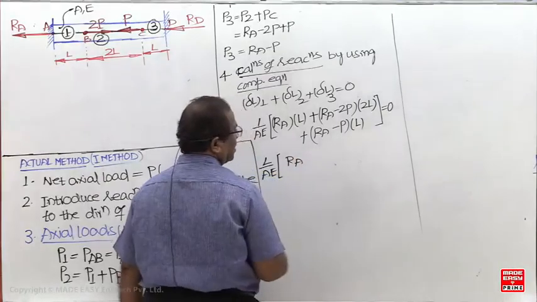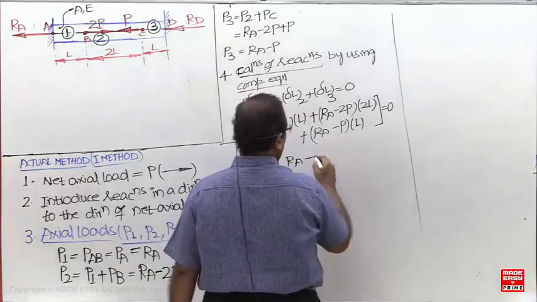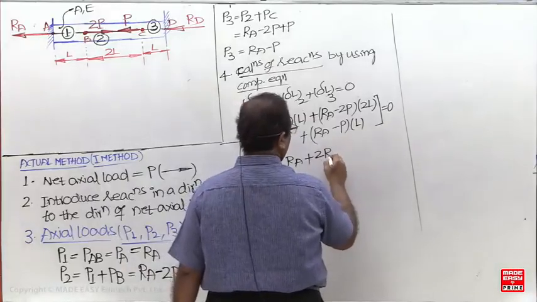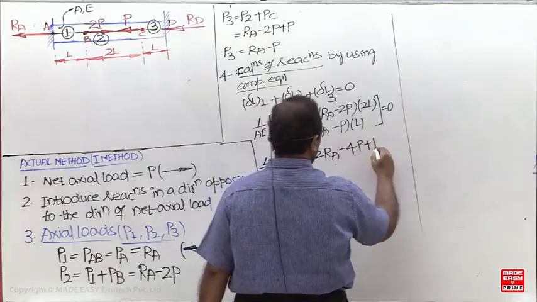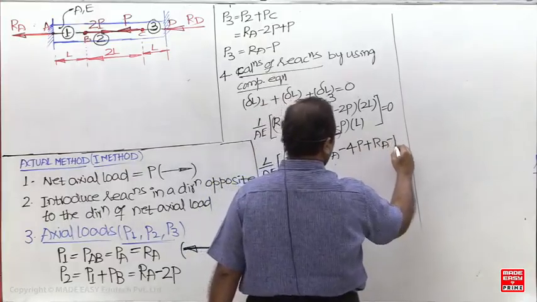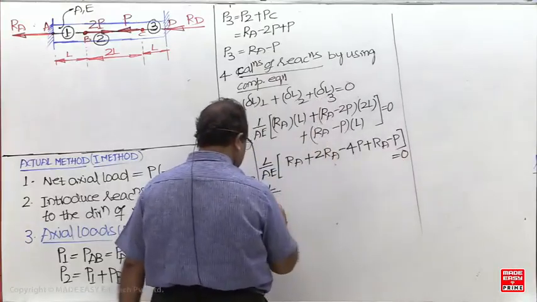RA, this is 2RA minus 4P, RA. So L by A is non-zero.